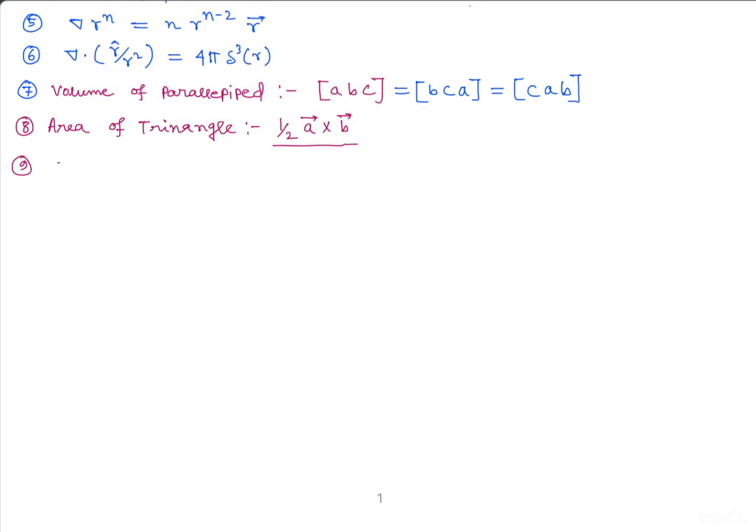If grad cross A equal to 0, it is called a conservative field or irrotational field. Then we write that A is the gradient of some scalar.